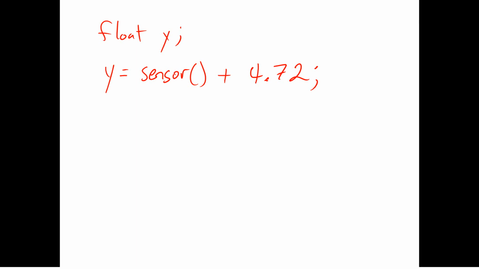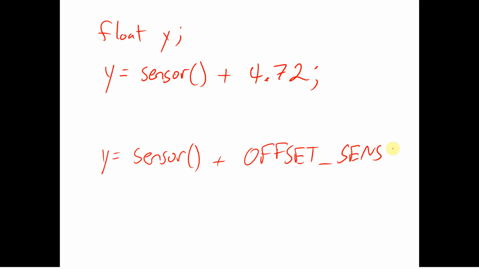So rather than do that, I can write y equals sensor plus, and actually give it a name, offset_sense1. And ideally this would be like offset front sensor for whatever range it is.